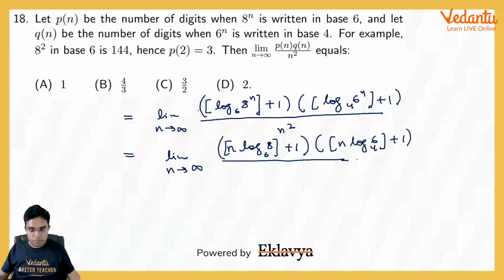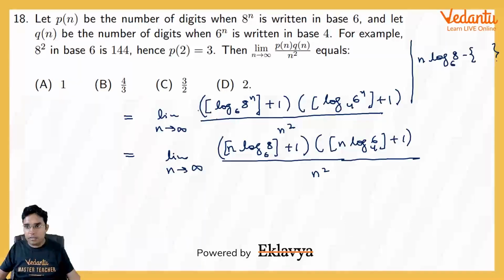Now, because n is approaching infinity, this greatest integer, if I write it like this, is n log 8 base 6 minus the fractional part of the same thing, and this lies between 0 and 1.